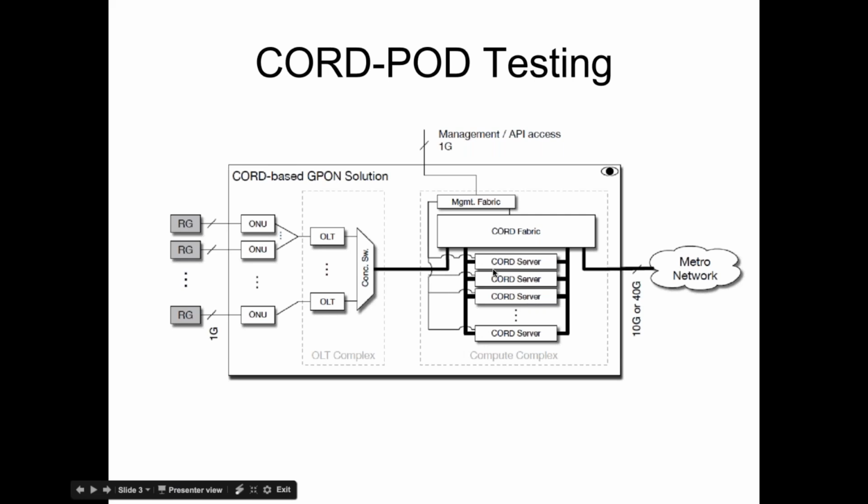These CORD servers are the servers that we are actually running in a physical pod. You could have the head node, you could have the compute nodes. That's the test infrastructure. And then one of these servers could be your core tester, the test server, and you are accessing and testing the entire pod by using this core tester server.